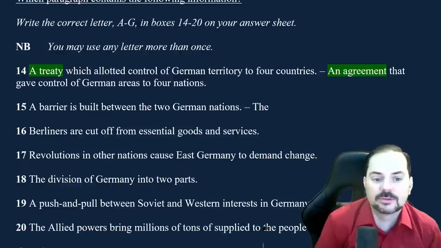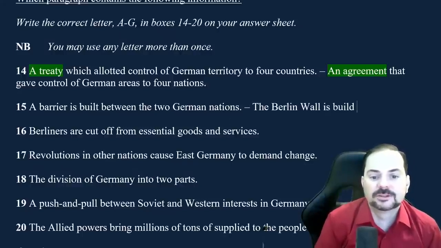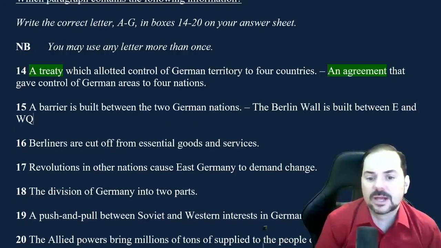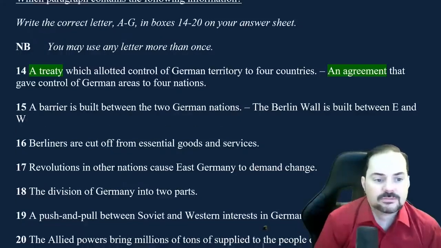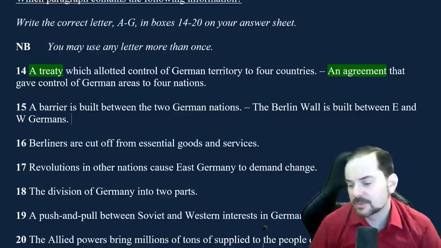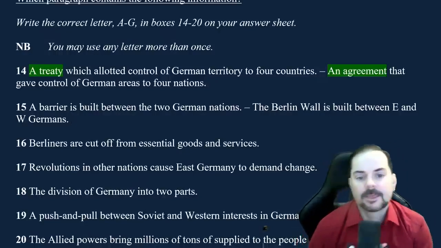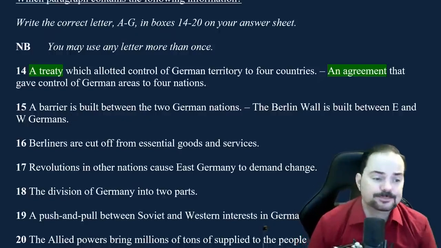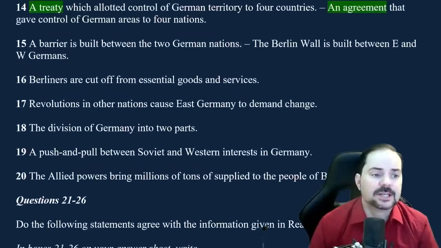The Berlin Wall is built between East and West Germans. So that's what you want to do. You keep going through and paraphrasing.